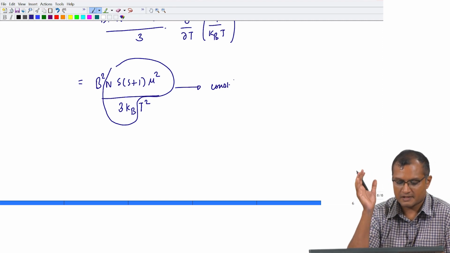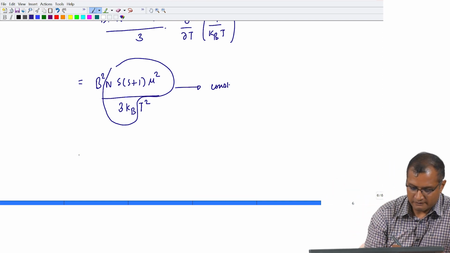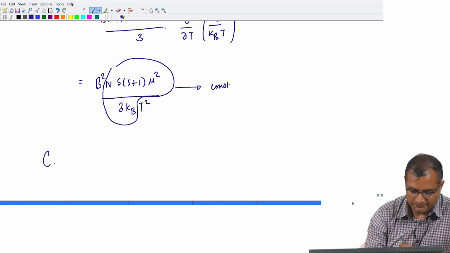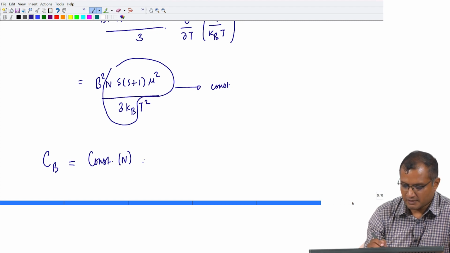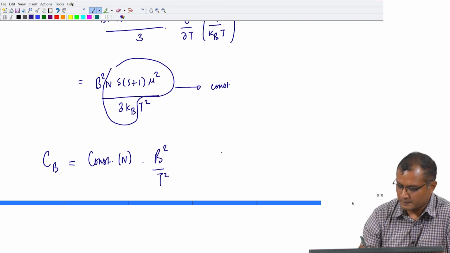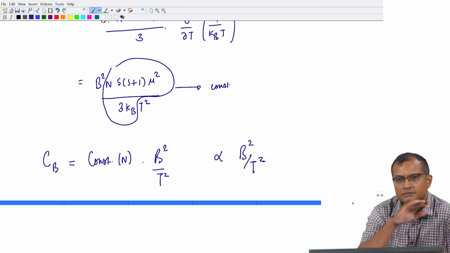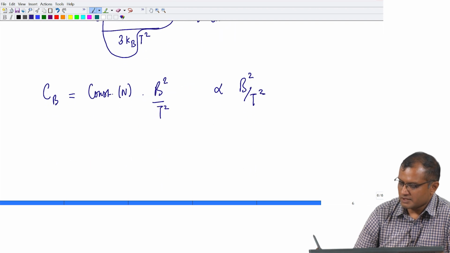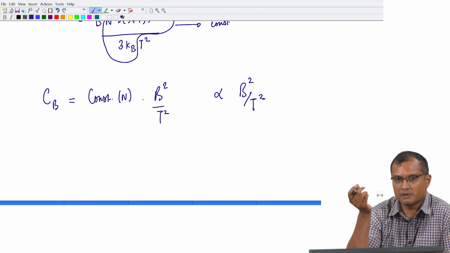It is a constant which is only extensive in nature, it scales with only system size or N. So, I will say that my heat capacity at constant magnetic field is basically some system size dependent constant into B square by T square, or it is proportional to B square by T square.